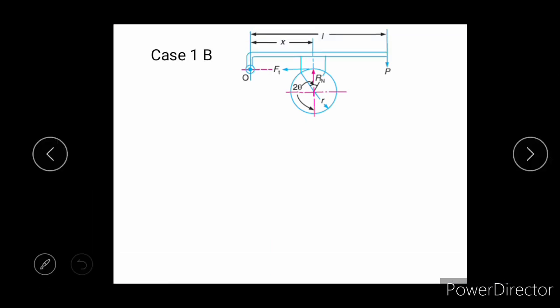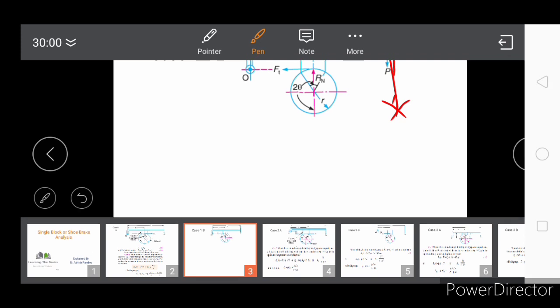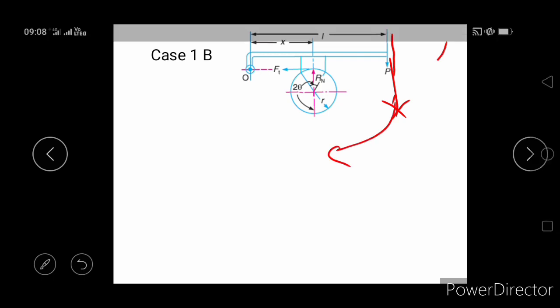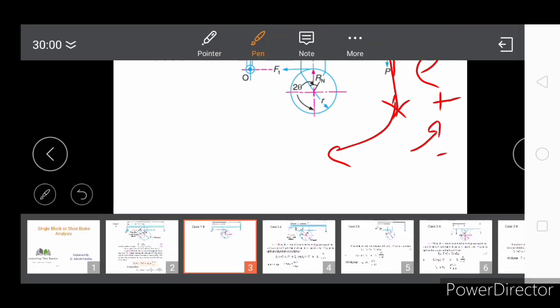First one is P. P is the applied effort, and the distance of this force's line of action from fulcrum O is L. So P into L in this direction, and we have assumed this is positive and the other one will be negative.